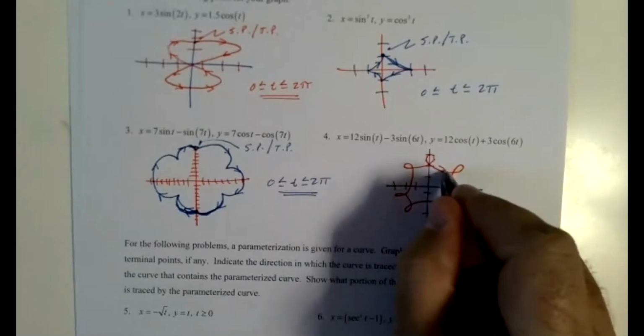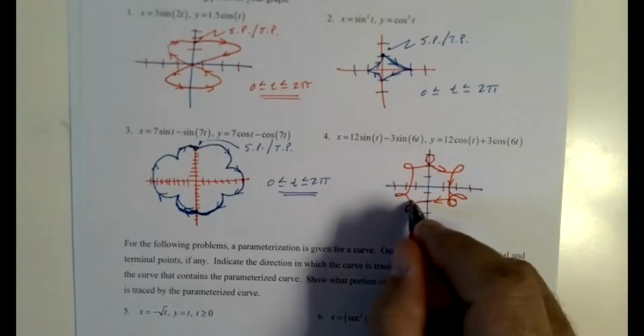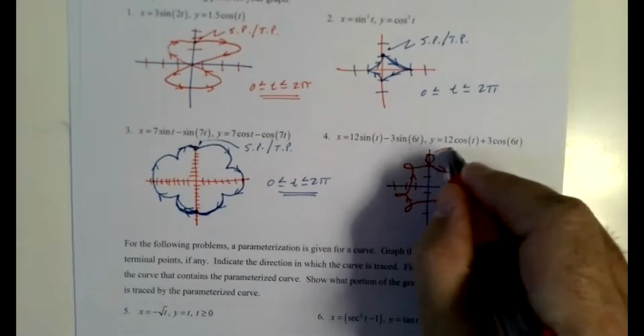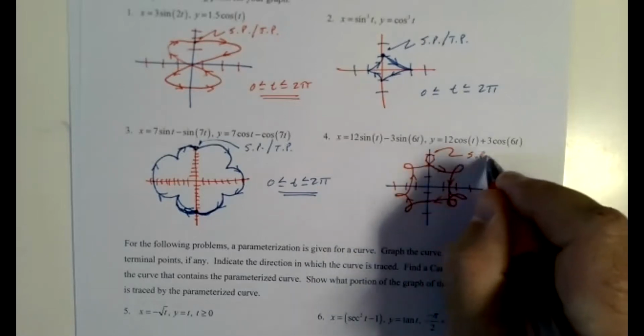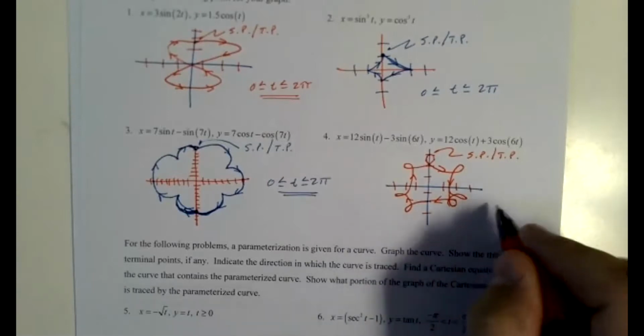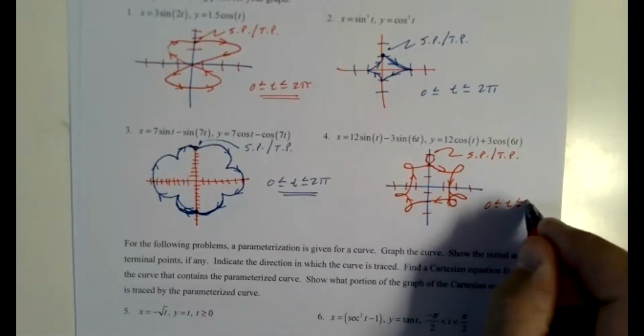Something like that. Yeah. And this is the starting point, terminal point. Really should say initial point, but who cares? And 0 less than or equal to t less than or equal to 2 pi.